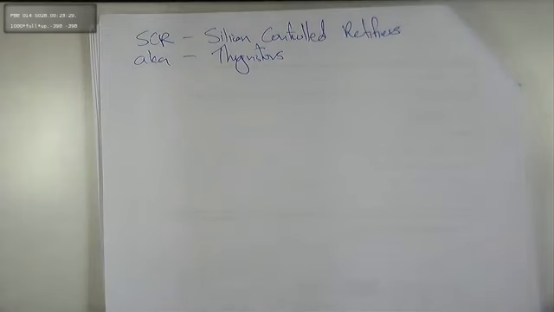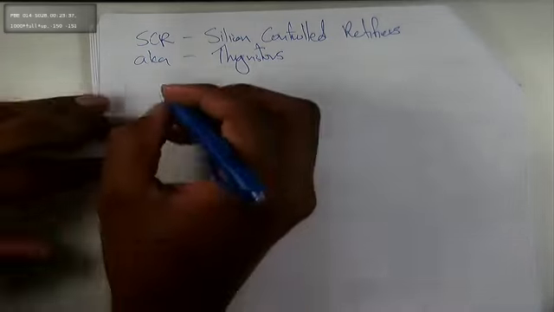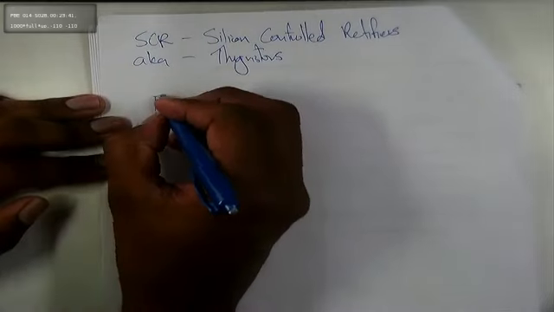So how is a thyristor made? If we want to see it in N and P terms, a thyristor is something like this.